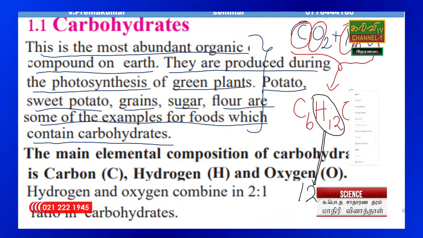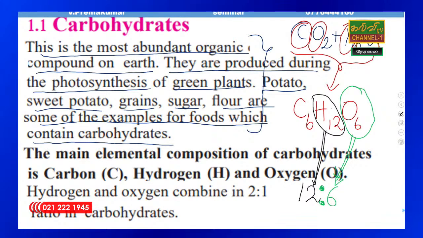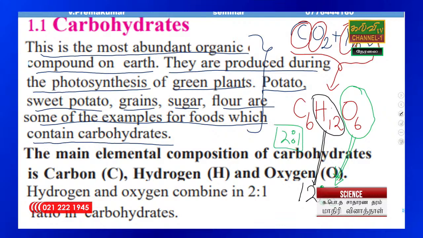Now take the other one, oxygen. How much? Yes, that is 6. So what is the ratio between them? 12 to 6, that is 2:1. So this small point also helps to find that hydrogen and oxygen combine in a 2:1 ratio in carbohydrate.